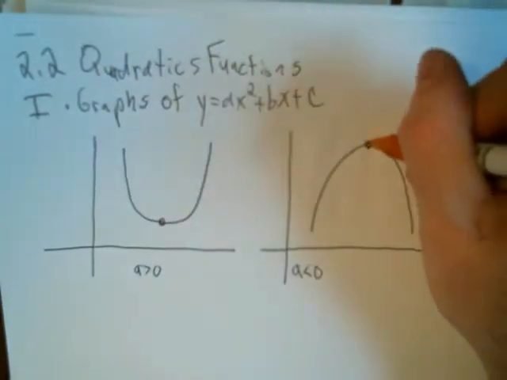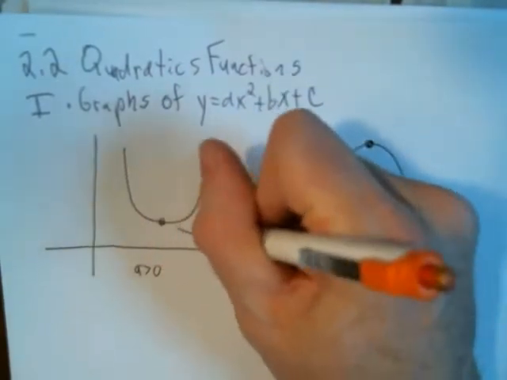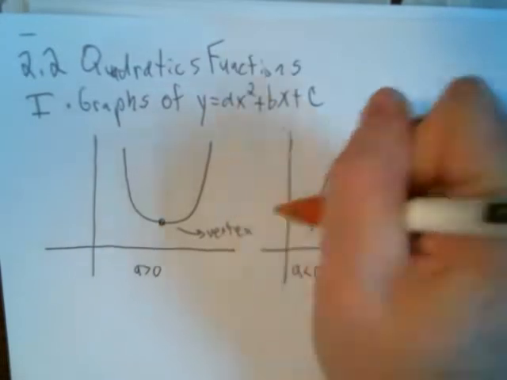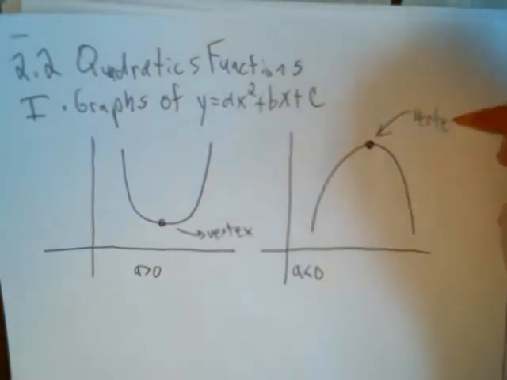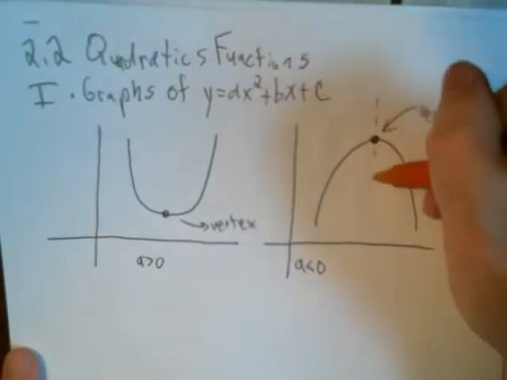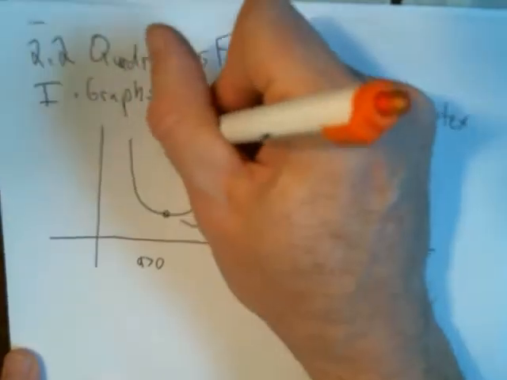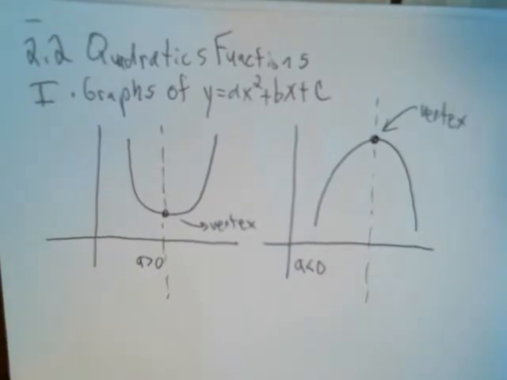So if you were a tourist in math land, you would want to visit the vertex. And here's the vertex in this case. Okay. Also, you may wish to visit the axis of symmetry. So these guys are mirror images of themselves around that axis of symmetry.